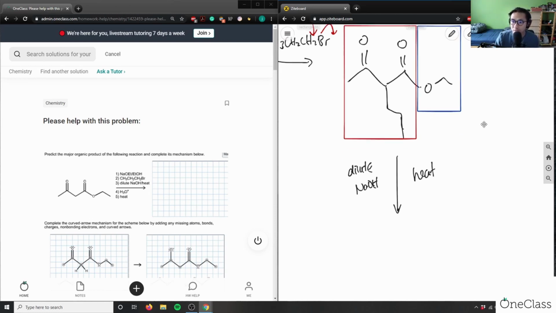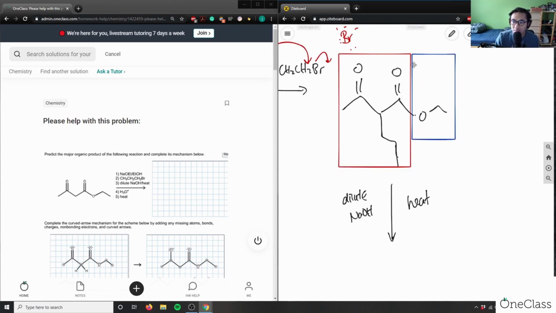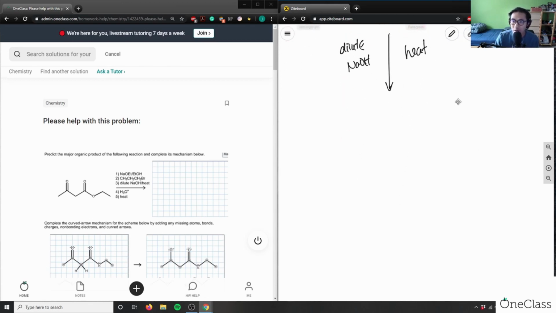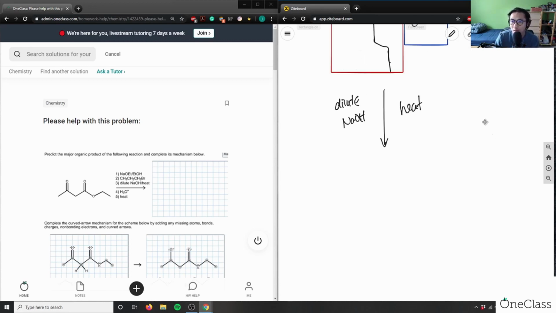So basically it's going to hydrolyze this, cleave this bond here, and make a carboxylic acid and alcohol with the acid workup. This also requires an acid workup. So this is dilute NaOH, I think that's number 4. Let me break this up. I'll do the acid workup in a different step.